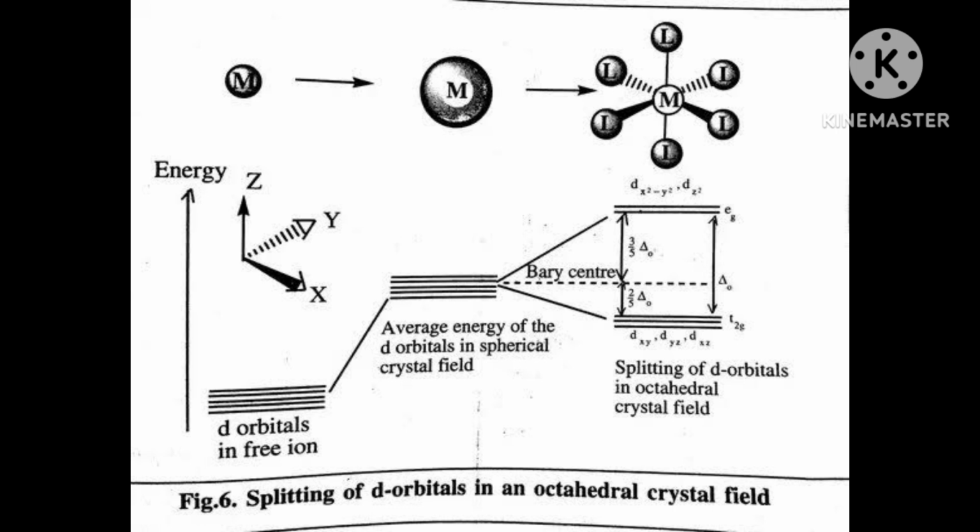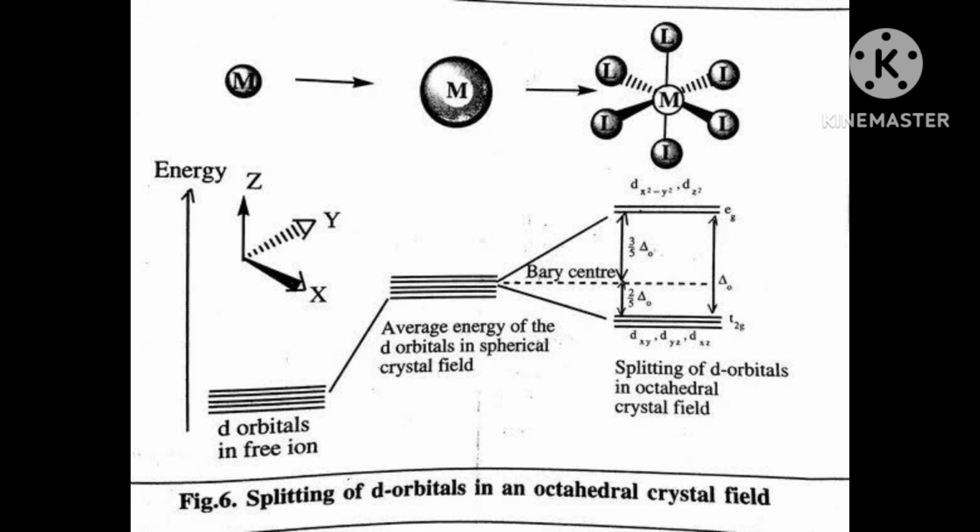Now just consider the electrons in the d orbitals of the metal ion in octahedral coordination entities. The single d electron occurs in one of the lower energy t2g orbitals.